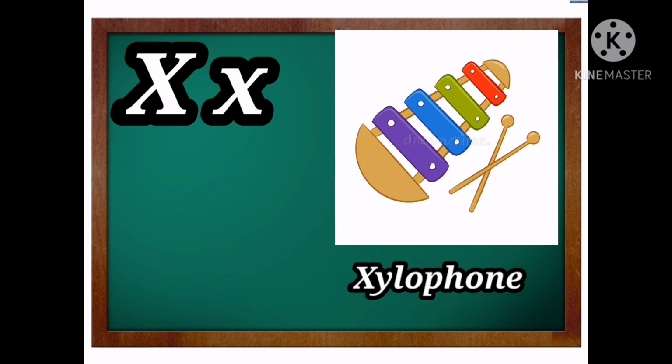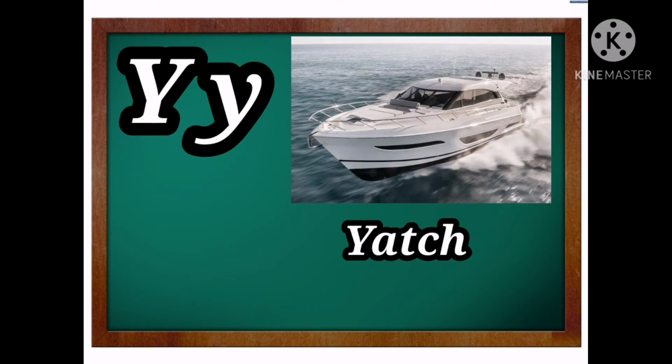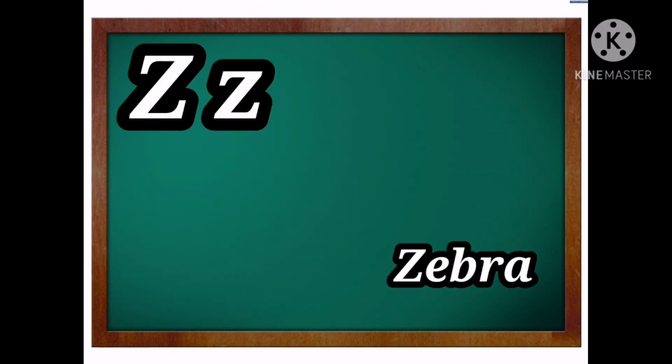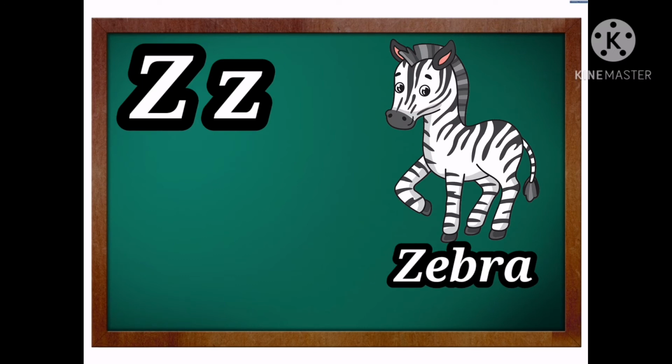Learners, brilliant. Y for yet. Learners, impressive. Z for zephyr. Learners, brilliant.